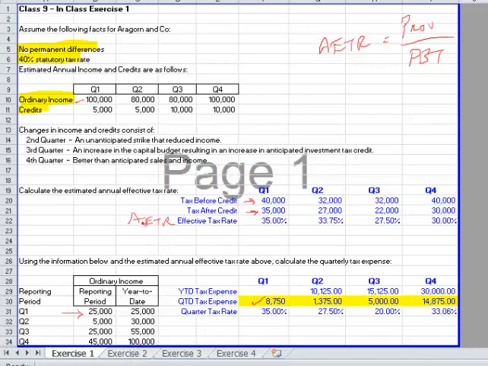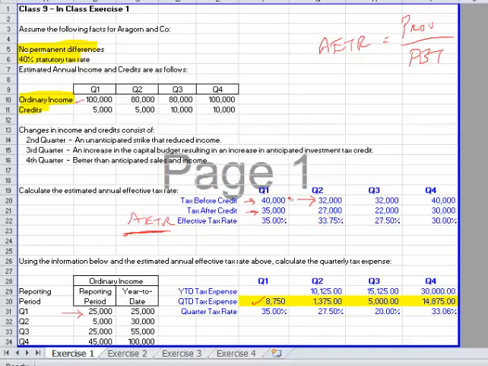And at Q2, remember the first thing I'm going to do is reset my AETR. And I'm going to say, well, gosh, based on 80,000 of income, my numerator in my AETR calculation is now going to be 32. 40% of 80,000. And after my credits, it's going to be 27.